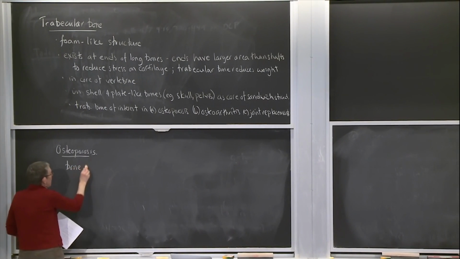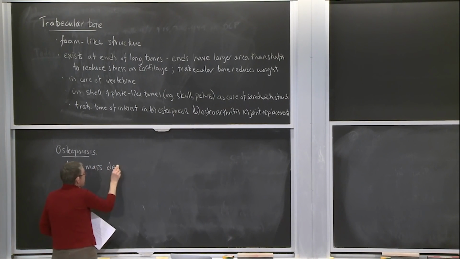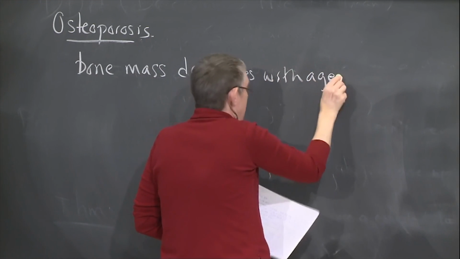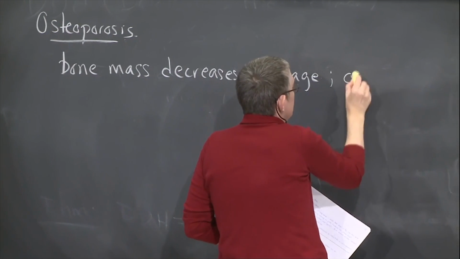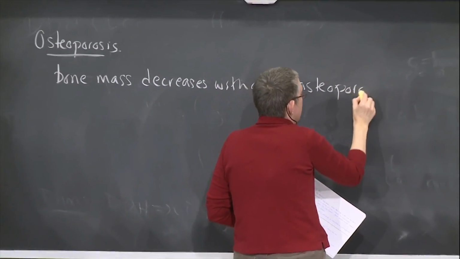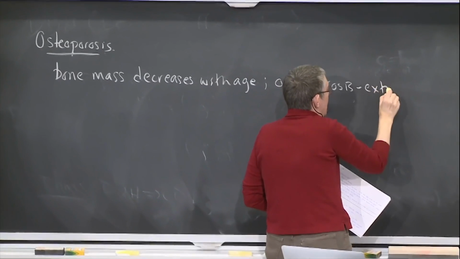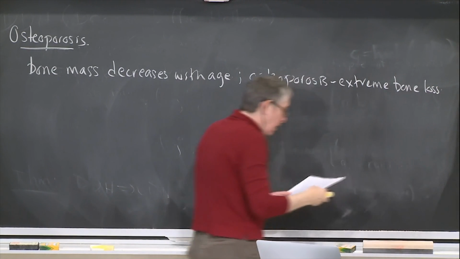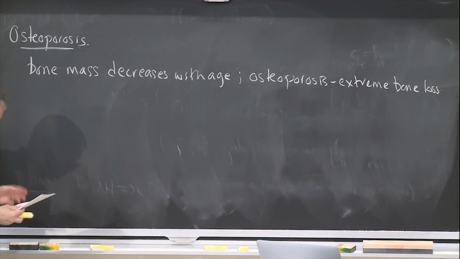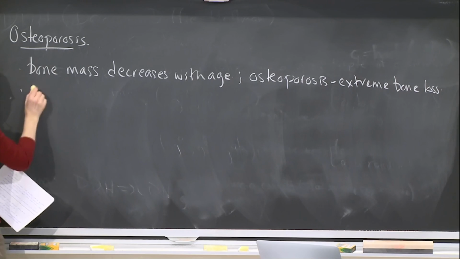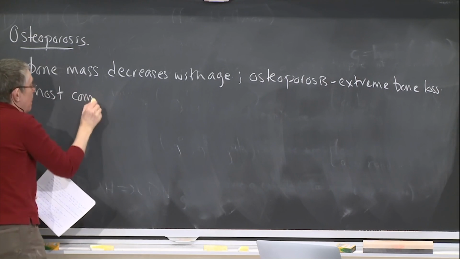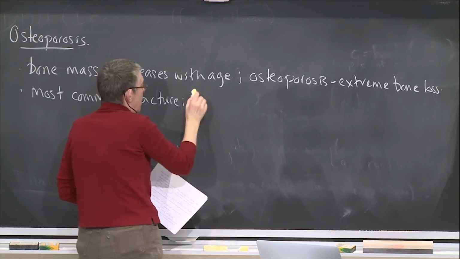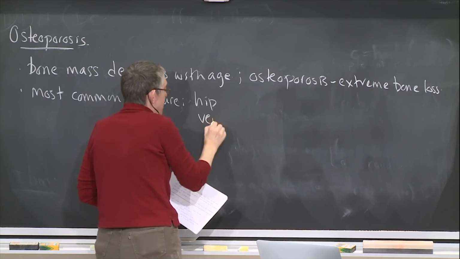So we'll say bone mass decreases with age. And osteoporosis is extreme bone loss. A little later today, I'll show you some pictures of what it looks like when people have osteoporosis. The most common fractures are of the hip and the vertebrae.